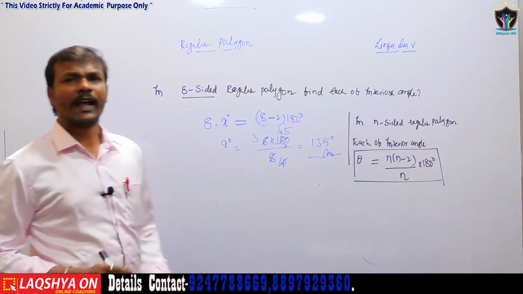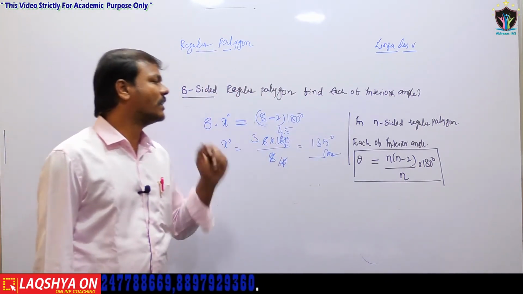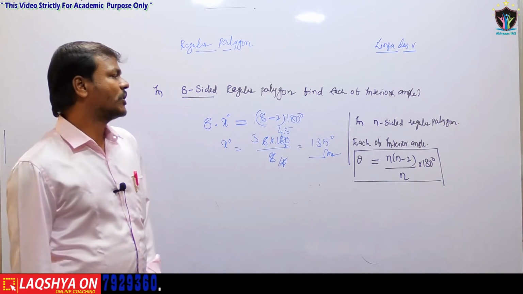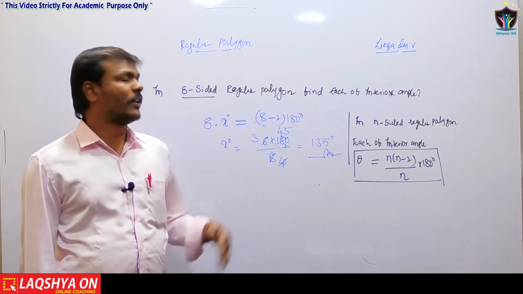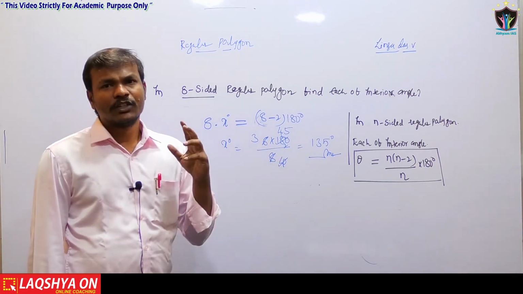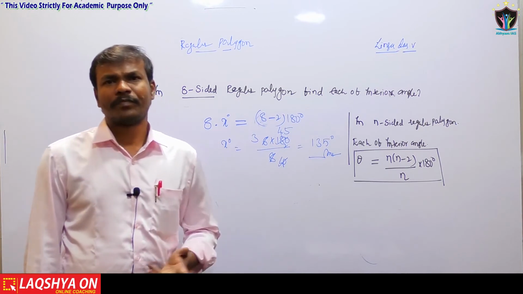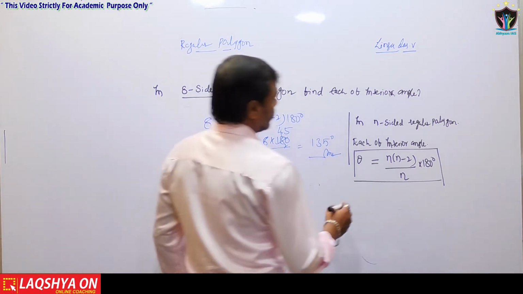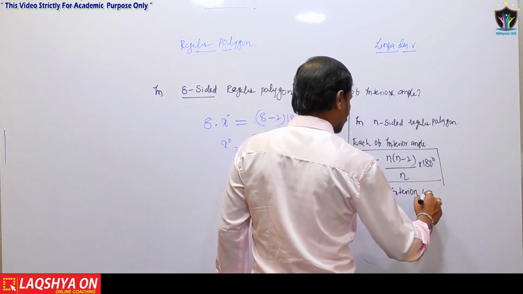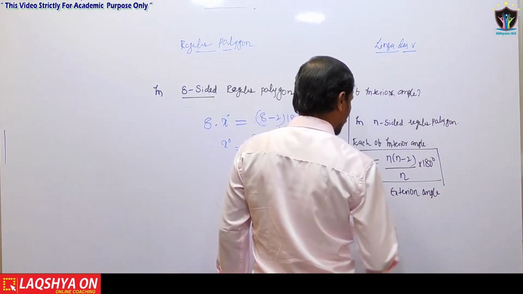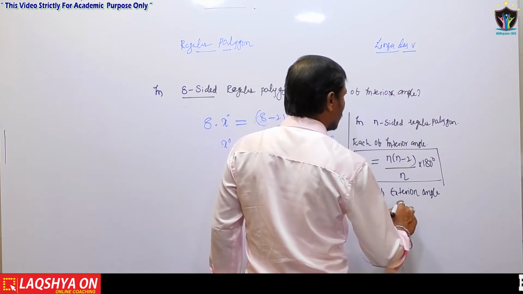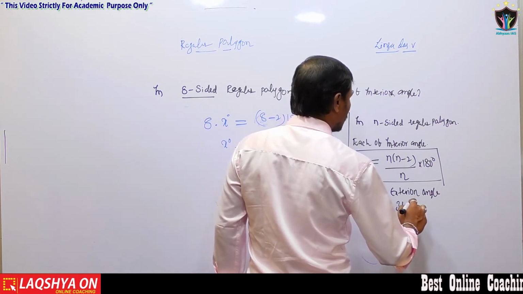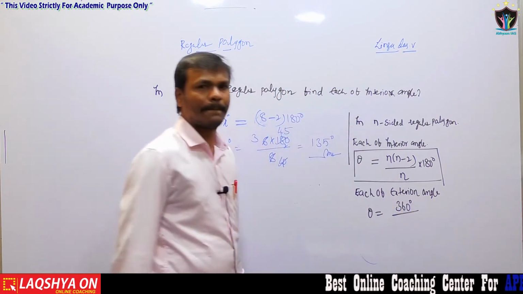So when interior angles are the same, the exterior angles are also the same. For any polygon, the sum of exterior angles is 360.